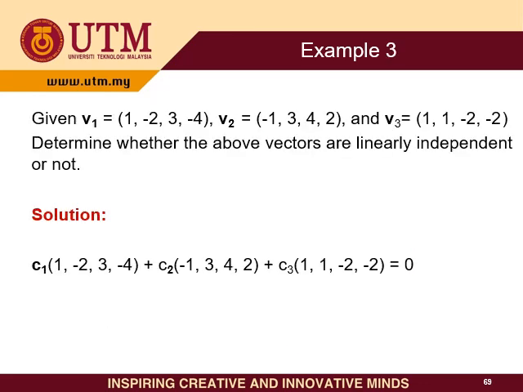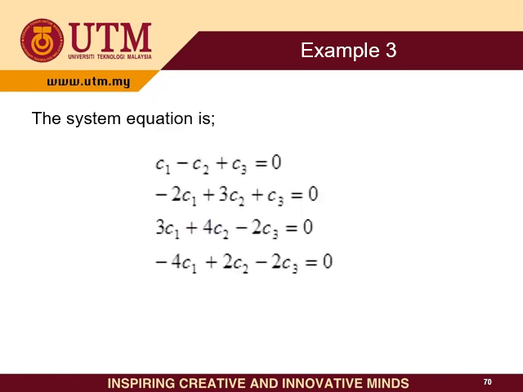For example 3, we have three vectors v1, v2 and v3, and they ask us to determine whether the above vectors are linearly independent or not. The solution is, again, we make it into this form, C1, C2 and C3 equal to 0, and then we make the vectors into the system of equations.